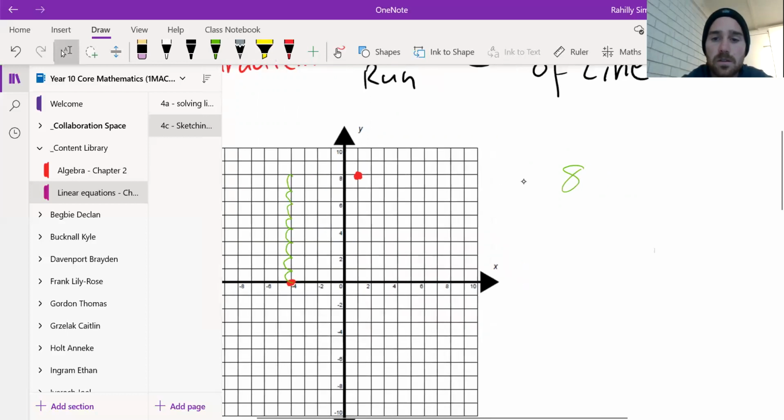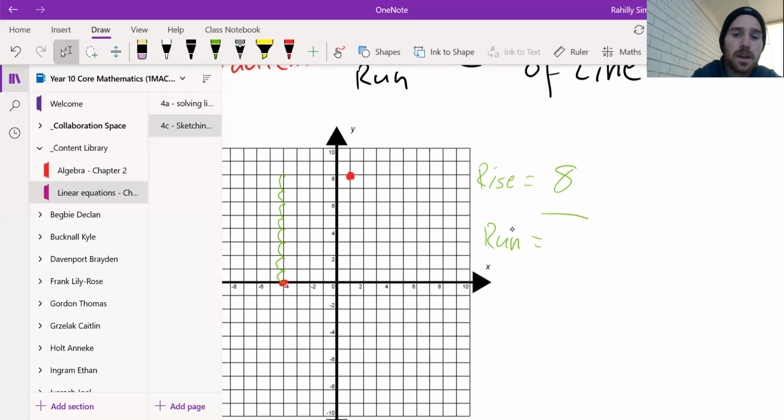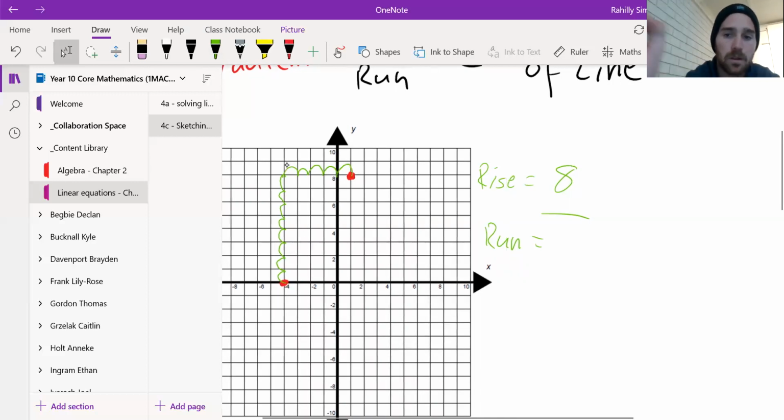Rise equals 8. Now, once we've done that, you can come back and work out how far across we've gone. You can do it this way or from there, either way. We've gone 1, 2, 3, 4, 5. So our run is 5.